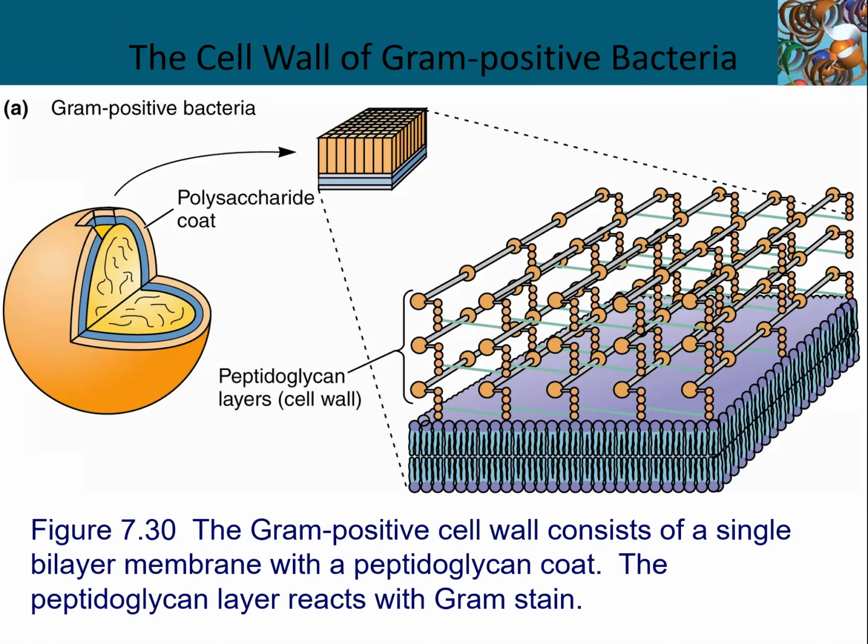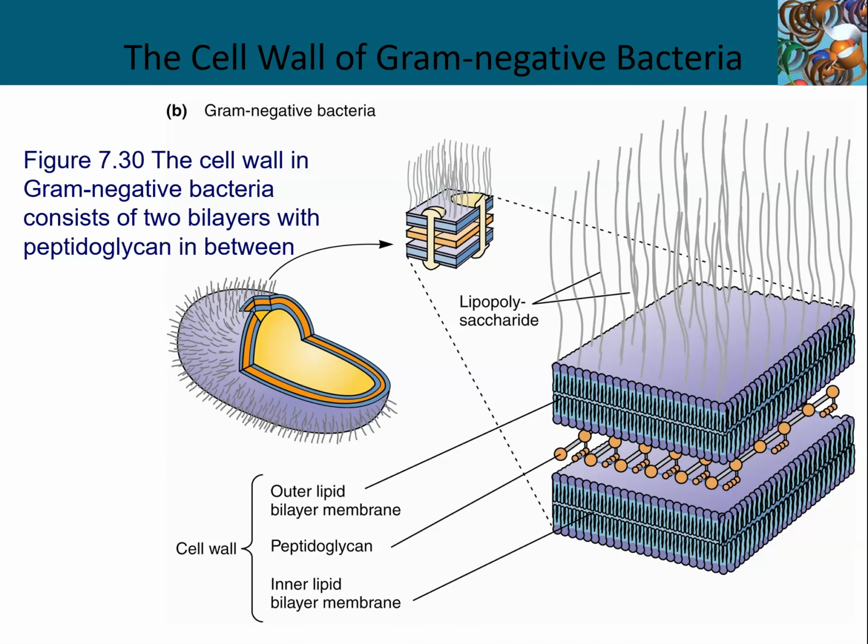Here we go. So here we have our gram-negative. Zoomed way out, you get these long lipopolysaccharide hairs that come off of your two layers. So you've got your outer lipid bilayer, your peptidoglycan in the middle, which is tightly cross-linked, then your inner peptidoglycan, and then you have these long polysaccharide chains.